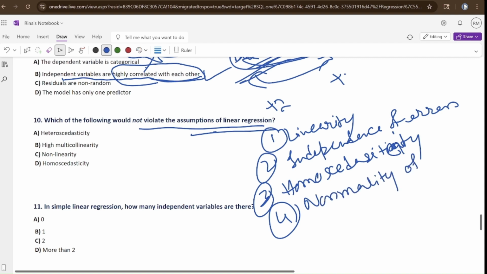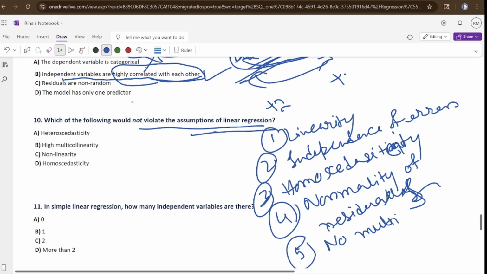That means residuals should be normally distributed, a bell-shaped curve. And fifth, no multicollinearity. That means independent variables should not be dependent on each other, they should not be highly correlated. Fine. So from here you can say homoscedasticity.